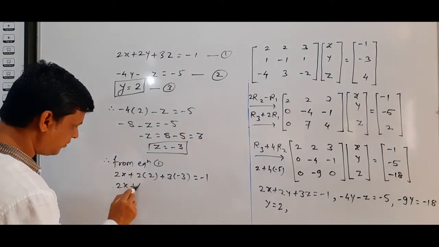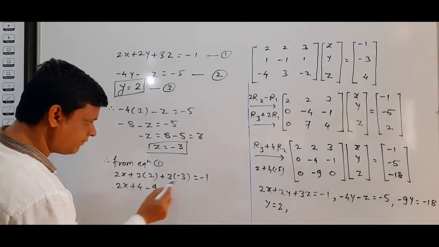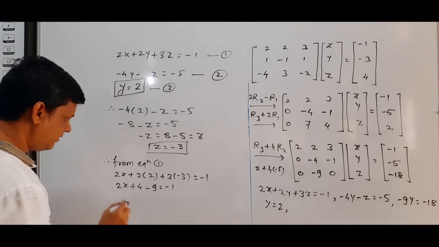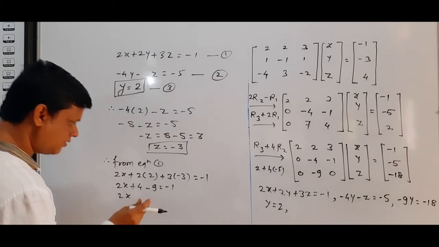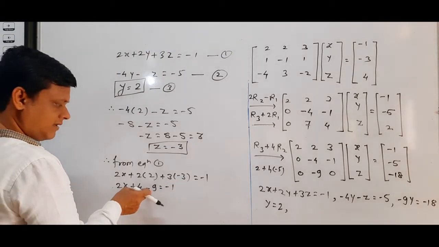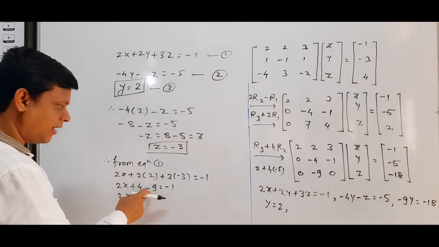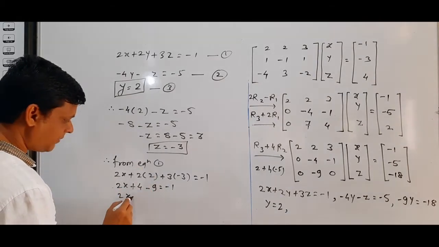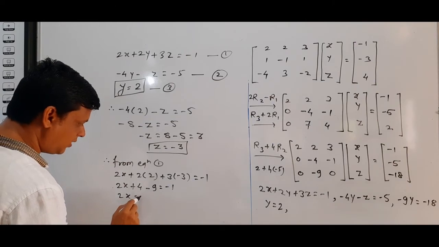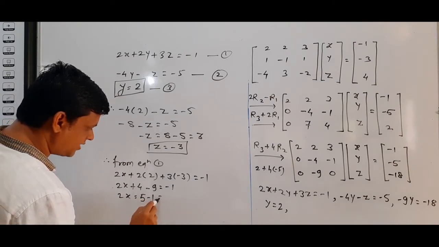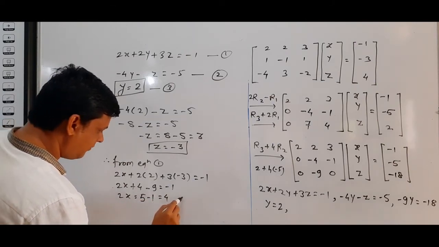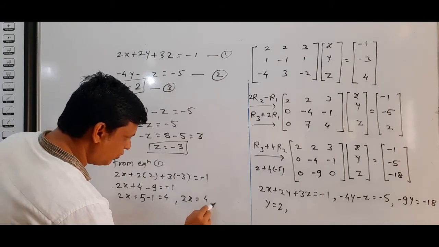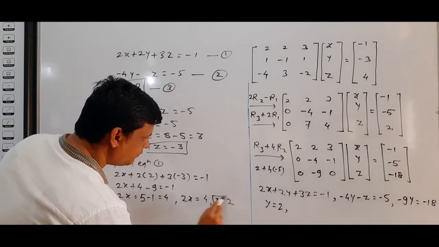So 2x plus 4 minus 9 is equals to minus 1. 2x. Now 4 minus 9 which is minus 5. After transferring this minus 5 to right hand side, we get plus 5 minus 1 which is equals to 4. That means twice x is equals to 4. X is equals to 2.